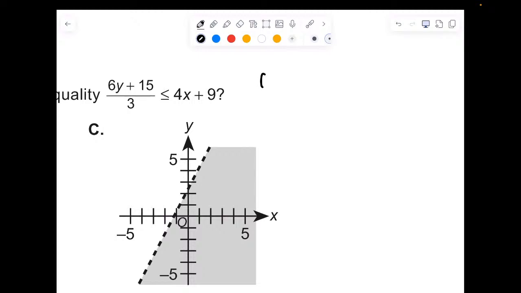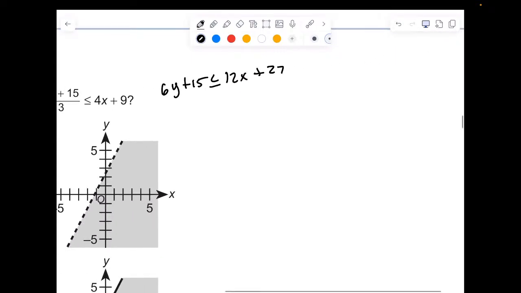So 3y plus 15 is less than 12x plus 27. Y, we'll take it one step at a time, is equal to 27 minus 15.